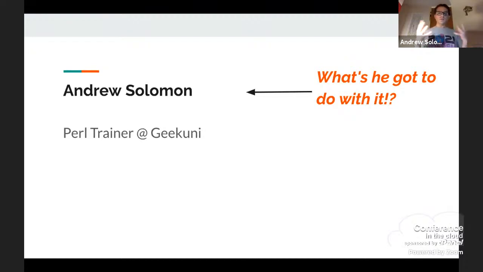A lot of the people that I teach are in large companies. I'm doing the ramp up into what Perl is compared to all the languages they know before. It's not for people who are new to programming. It's for people who are familiar with another language and want to learn Perl.